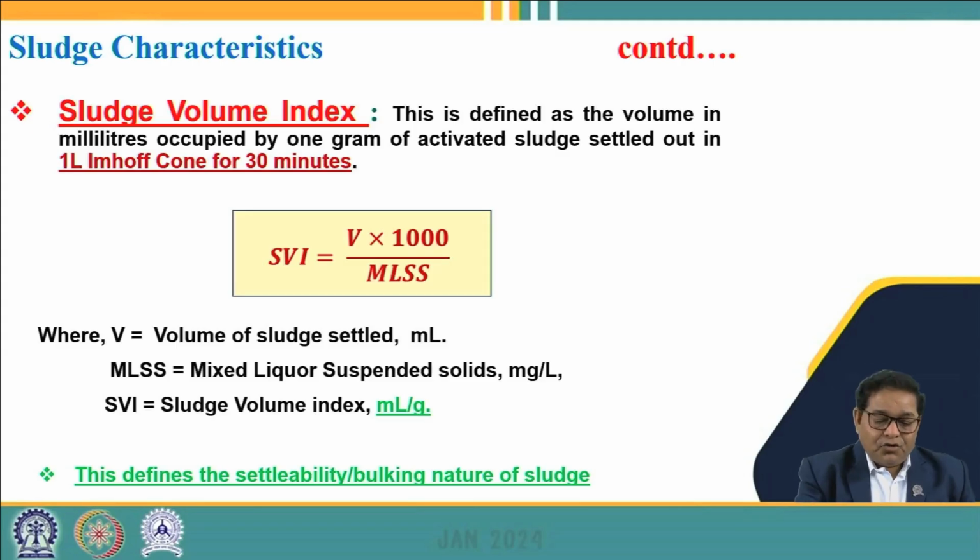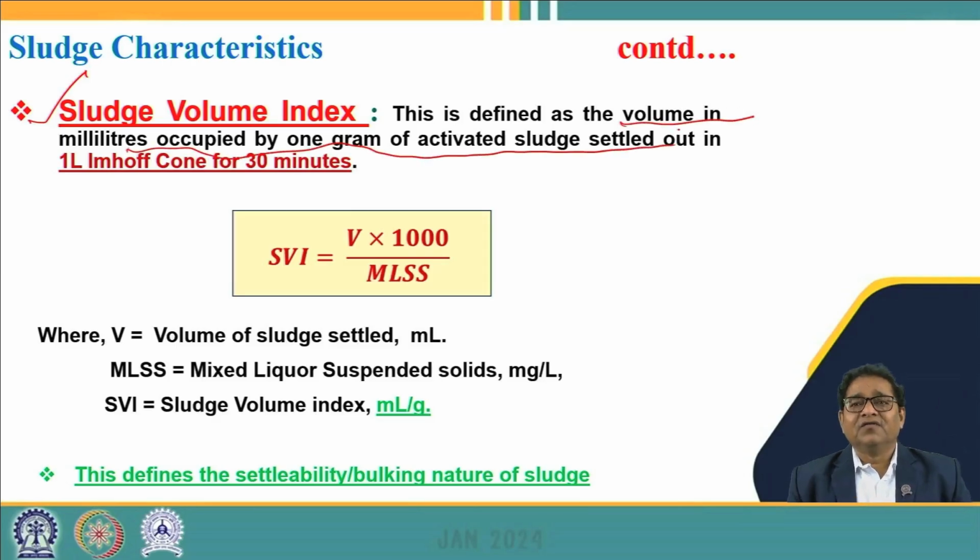Then there is one more parameter which defines the volume of the sludge per unit weight of the solids, which is called the sludge volume index. This is defined as the volume in milliliters occupied by 1 gram of activated sludge settled in a 1 liter MF cone for 30 minutes.